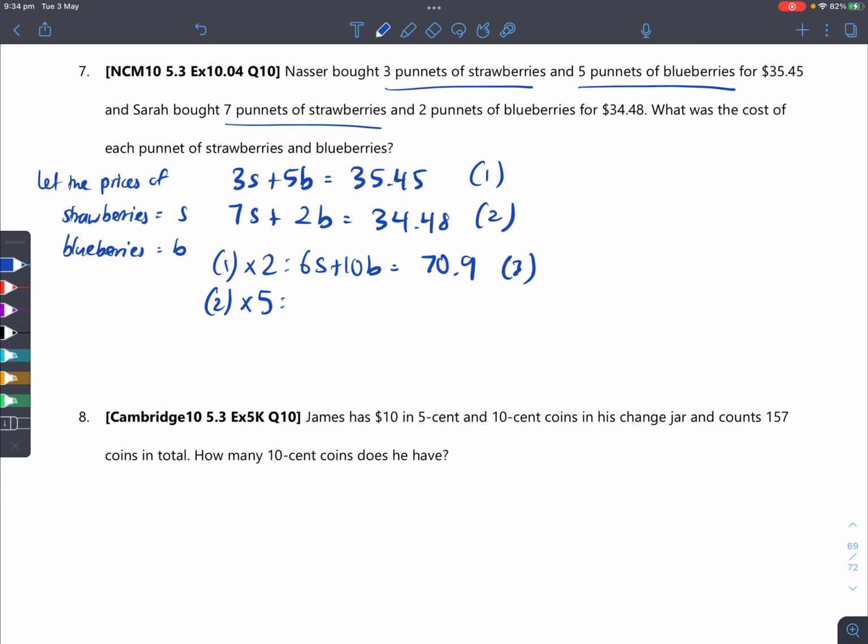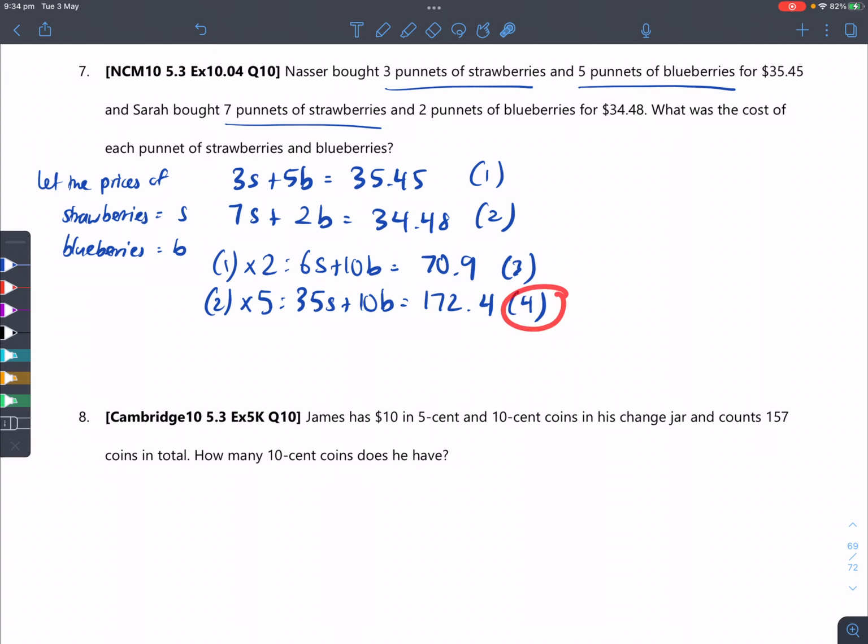So I multiply that by 5. That'll be 35S plus 10B. And 34.48 times 5 will be 172.4. It's equation 4.